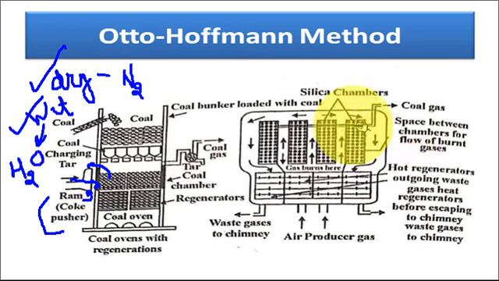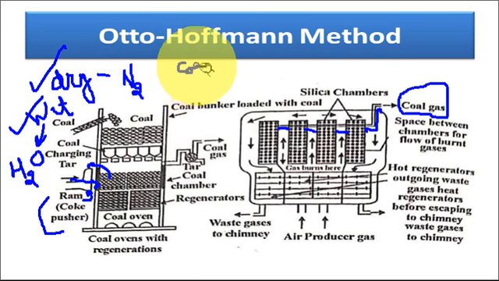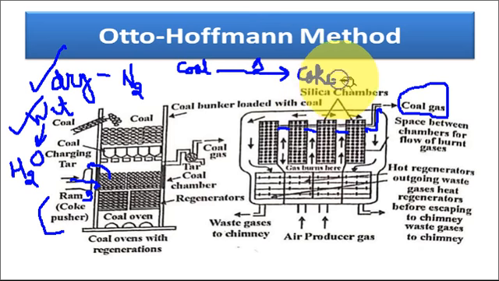But if you look at this structure here, all the silica chambers are connected through a gas pipe here. This gas pipe collects all the coke oven gases, which contain very useful byproducts. We know the basic carbonization reaction is this: coal, in absence of air, when heated, forms the coke plus a mixture of various useful byproducts, which are called the coke oven gases.